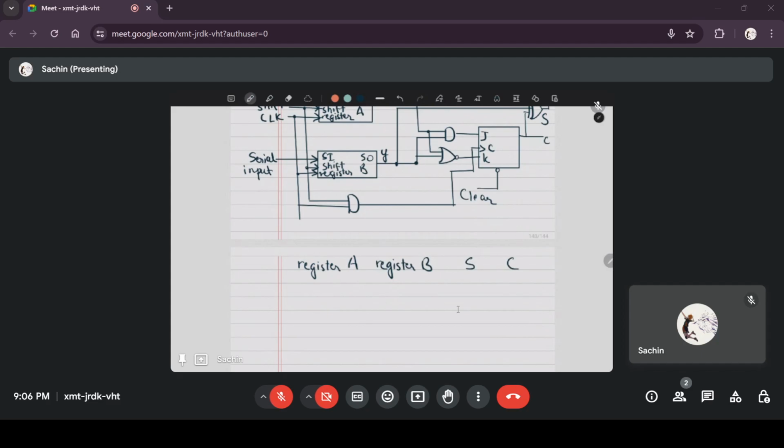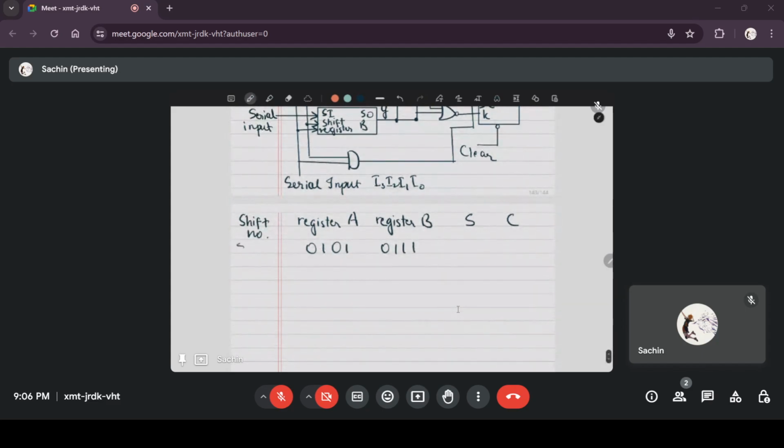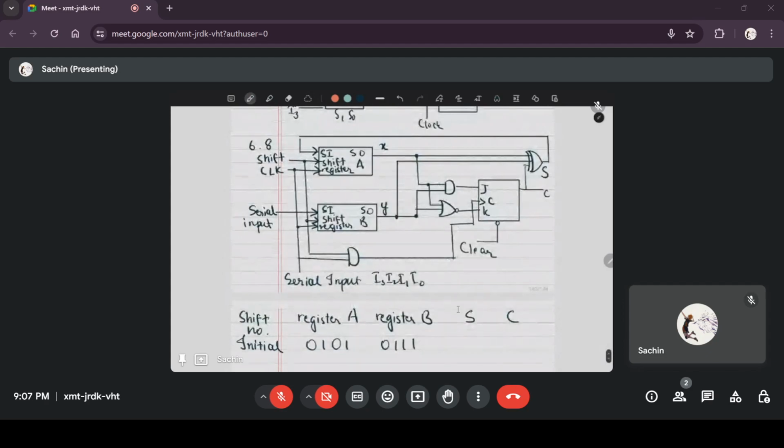Initially, register A holds the binary number 0101, register B holds the binary number 0111. Let's say the serial input is I3, I2, I1, I0, and we have the shift number here. So this is initial, where we are not bothered about the sum, but the carry is reset to 0.